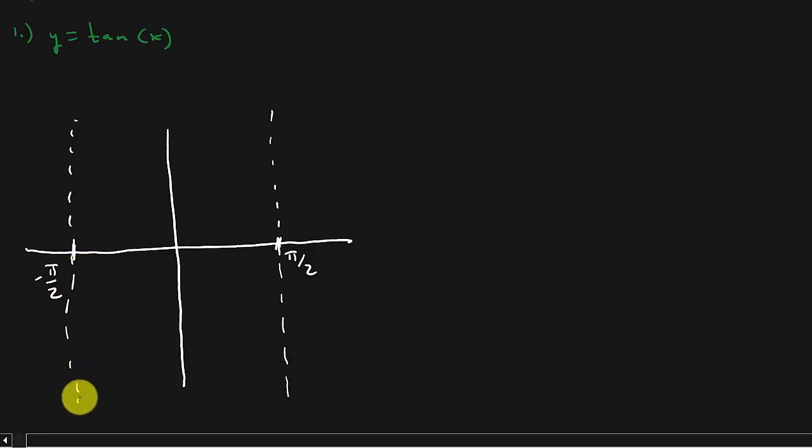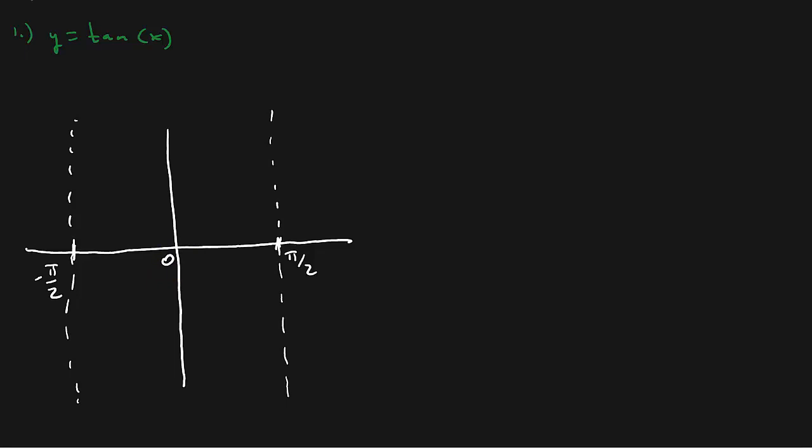Now, when we get our two adjacent asymptotes, one at negative pi over 2 and one at pi over 2, we want to break this up into 4 equal intervals along the x-axis. So we need the midpoint of negative pi over 2 and pi over 2.